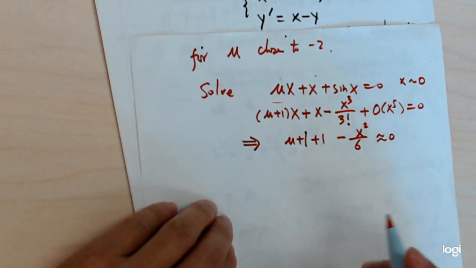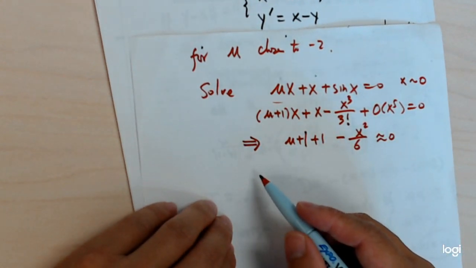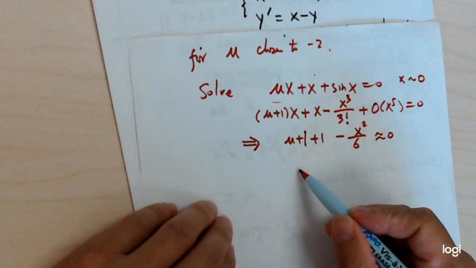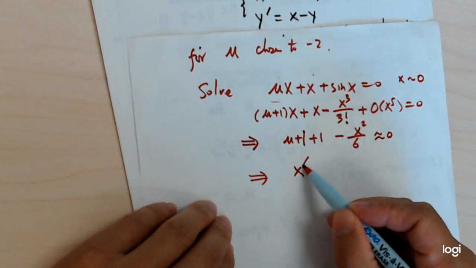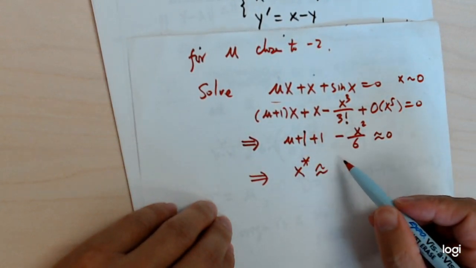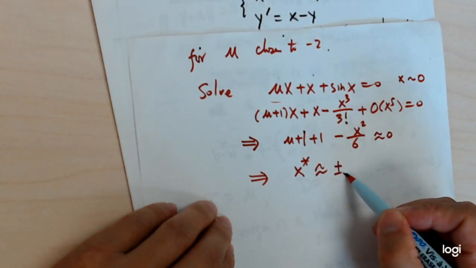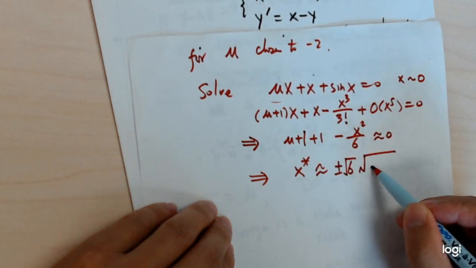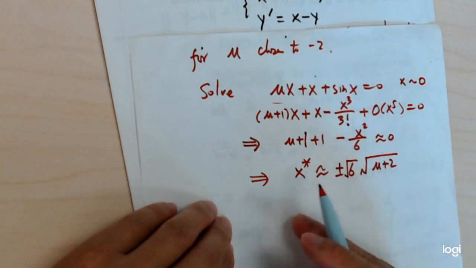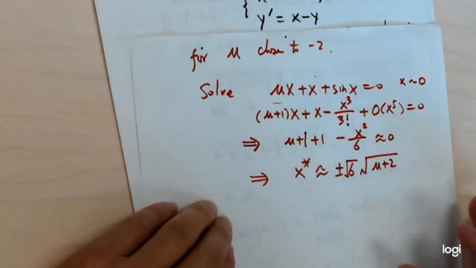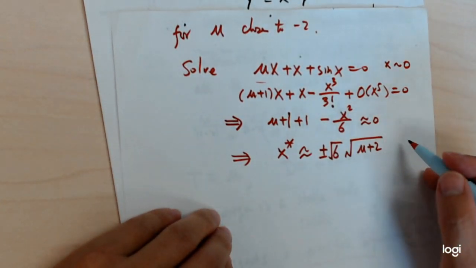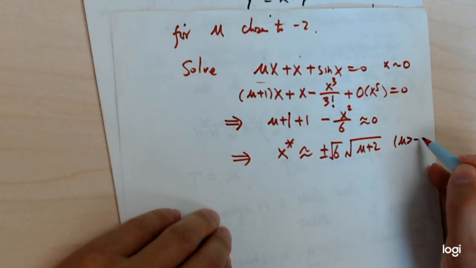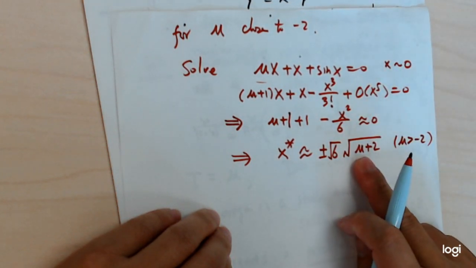So that's an approximation. When you solve for x star, it's approximately around this one. So that's the approximation for the equilibrium when mu is bigger than -2. When mu is less than -2, this will be negative.